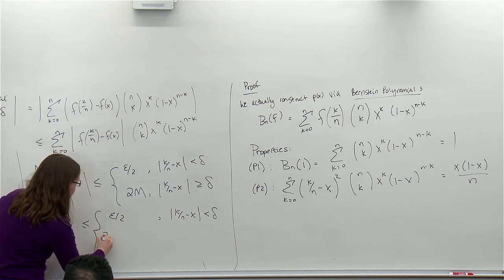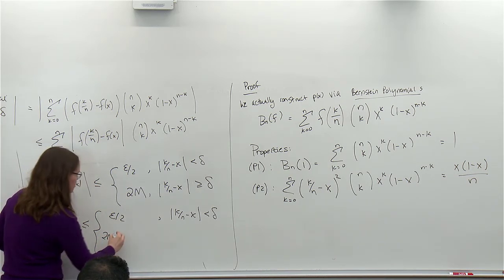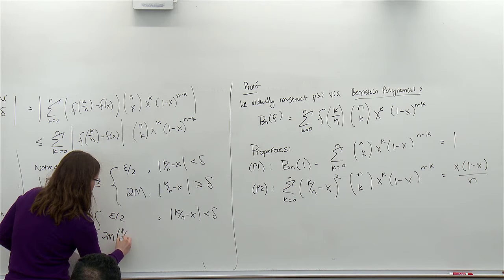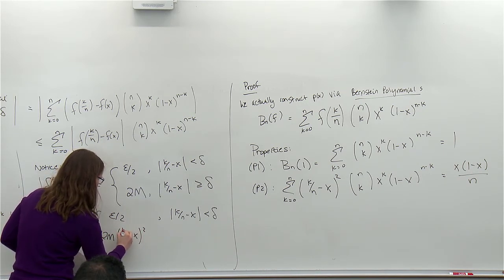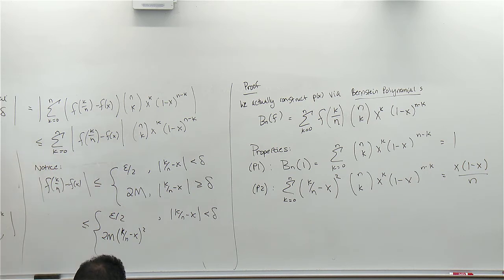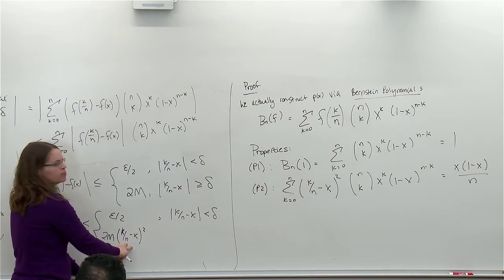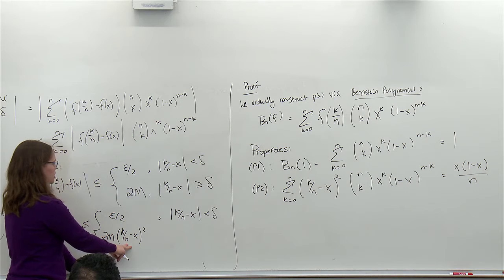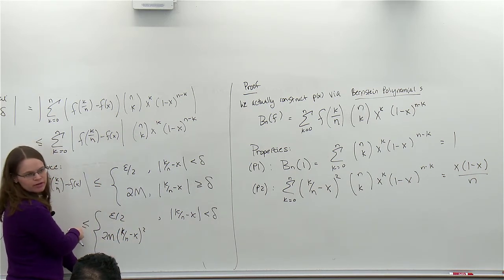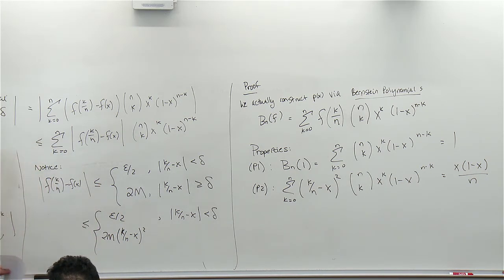So what I'd like to do is say this is the case. But of course, it might not be the case. Right now, I've multiplied by something that is less than 1. And that doesn't make this inequality work. I need to multiply by something that's bigger than 1.